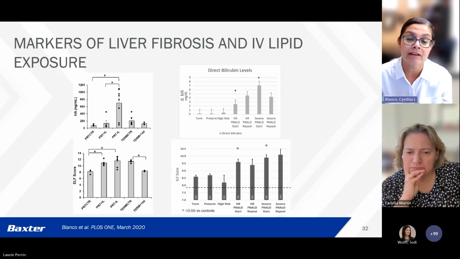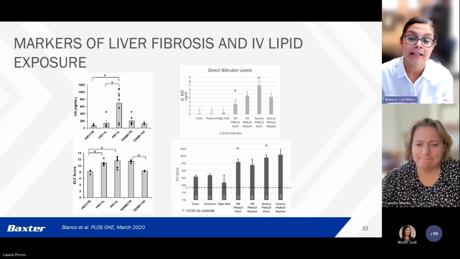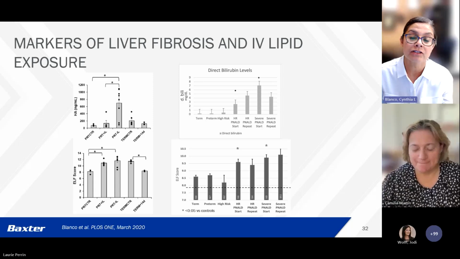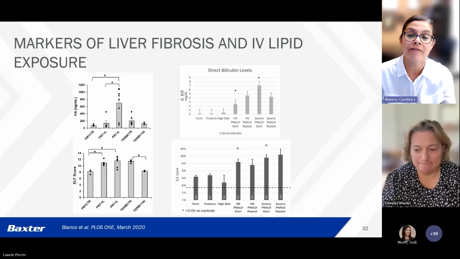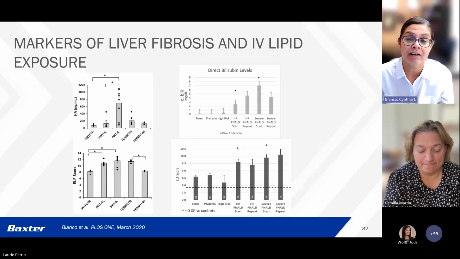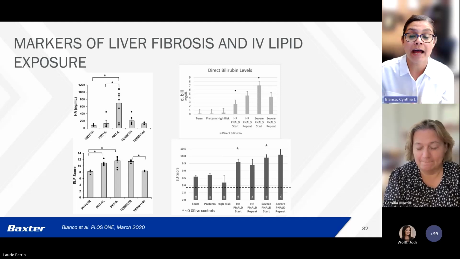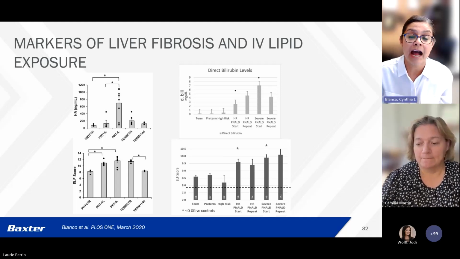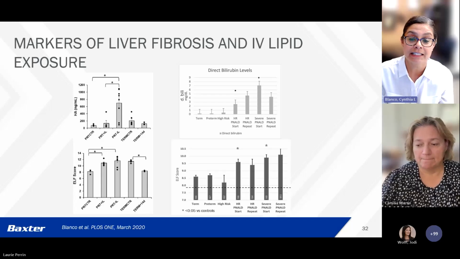And you're going to see there that dashed line is the level that is considered to be abnormal. Above that is abnormal and is a predictor of liver fibrosis in older children and adults. But see how high they are in healthy term and healthy preterm babies, and the same way at birth in babies that have high risk of developing liver disease.